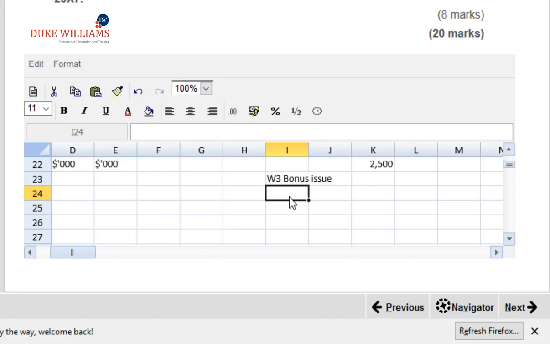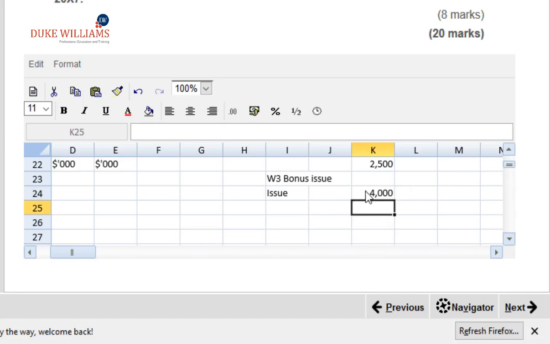So the issue would be the share capital, which is 20,000 from our workings, times the ratio, and don't forget the ratio is 1:5, so it's 1 divided by 5. There we have it. Now I need to observe this. You see, it's 4,000.